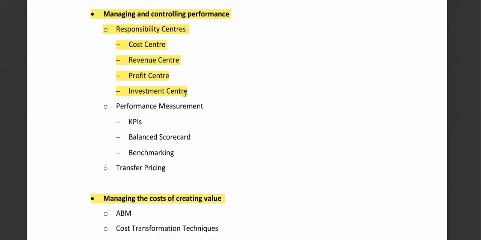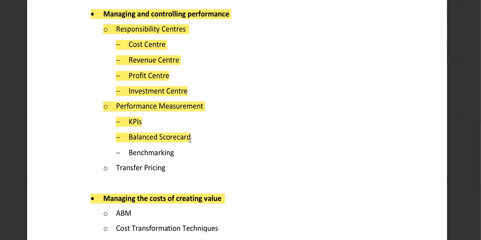In relation to these responsibility centers, you could also be tested on performance measures or KPIs. And in today's discussion, we would be focusing on a mock exam task focused on the balanced scorecard, which is a multi-dimensional performance measurement framework.